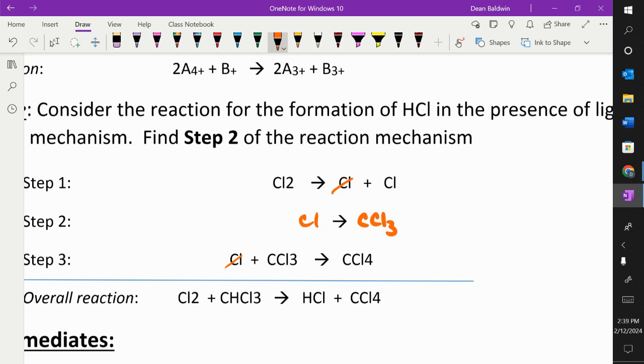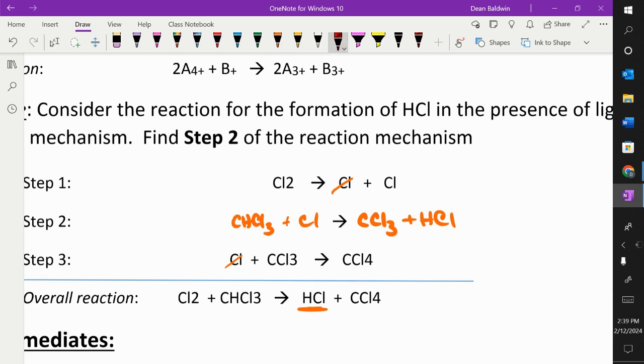What else do I need? An HCl? Is that what you're saying? Yeah, on this side, right? I need an HCl. What else? CHCl3. And then check it over.